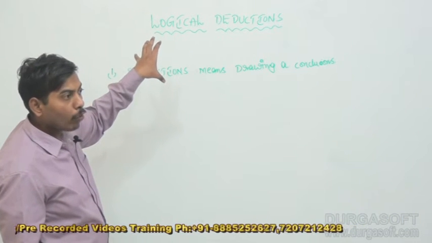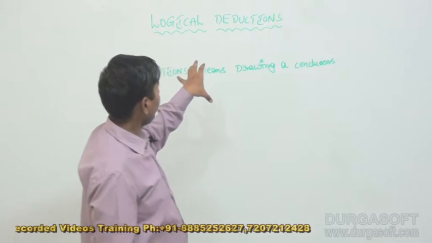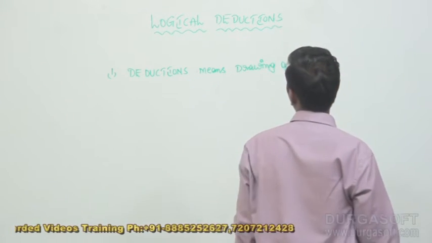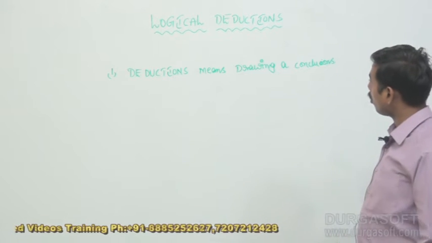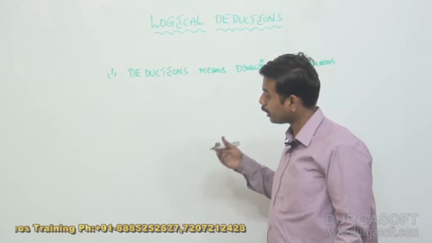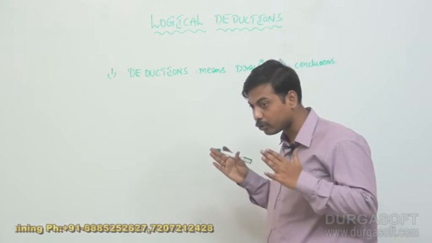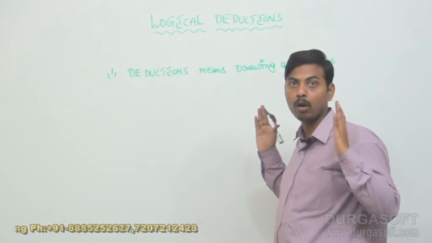We have to draw a conclusion in this topic. So the main outcome of the concept is we have to draw a conclusion. Deductions means drawing a conclusion. That is what we understand as of now.